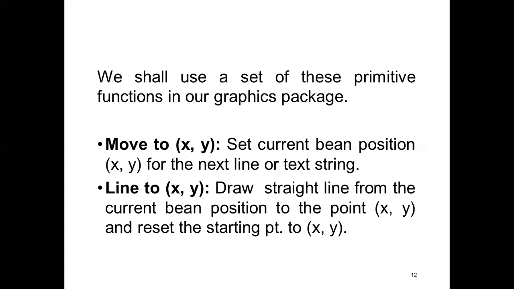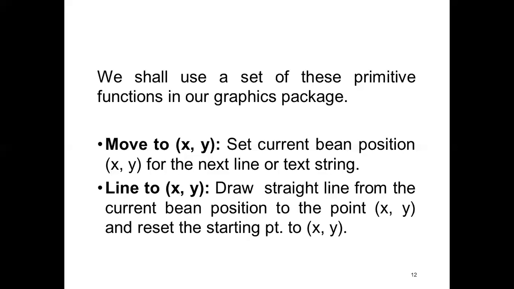Another command is line to x comma y. It draws a straight line from the current beam position to the point x comma y and resets the starting point to x comma y. If we want to draw the line, we use this command, line to x comma y. X comma y are the points up to which we want to draw the line.